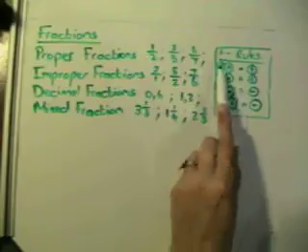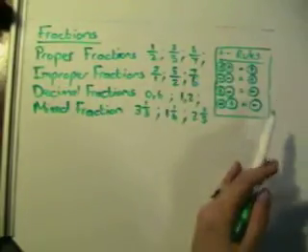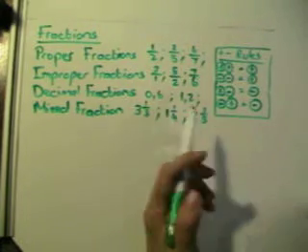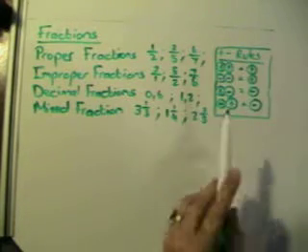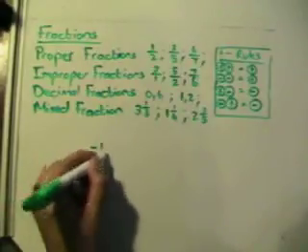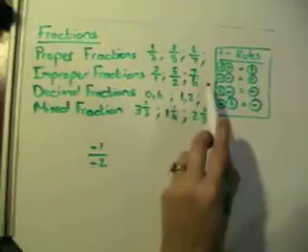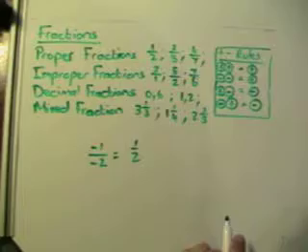Most of the time when teachers tell you that a plus times a plus is a plus, they don't tell you a plus divided by a plus is also a plus, and a negative divided by a negative is also a plus, which means if I have a fraction -1 over -2, this is a negative divided by a negative, and it works exactly like that, and that means I have a positive fraction.